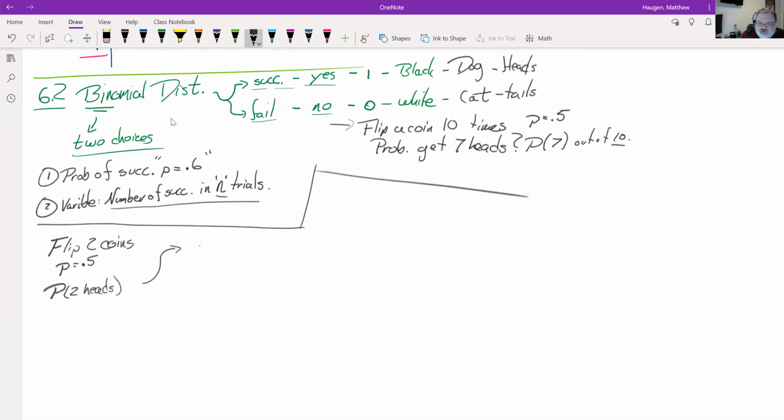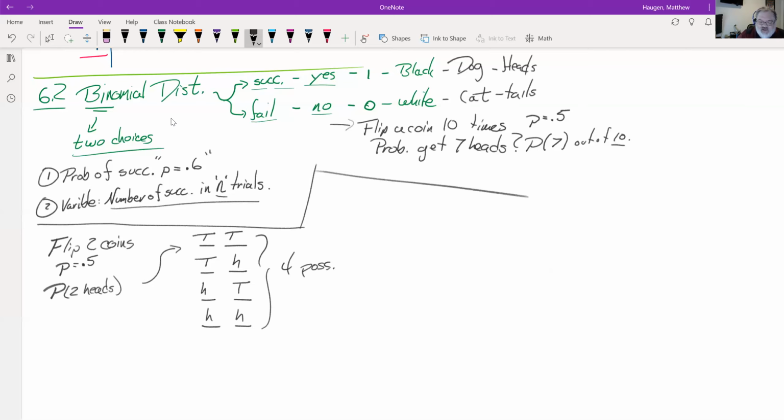We've got 2 trials that we're running, and what kinds of things could happen? Well, we could get tails both times. We could get a tail on the first one, a head on the second one, a head on the first one, a tail on the second one. Or we could get 2 heads. So of those 4 possible outcomes, 4 possibles, how many satisfy our condition?